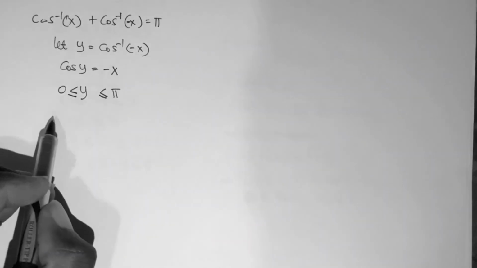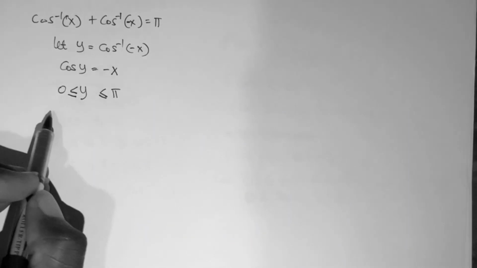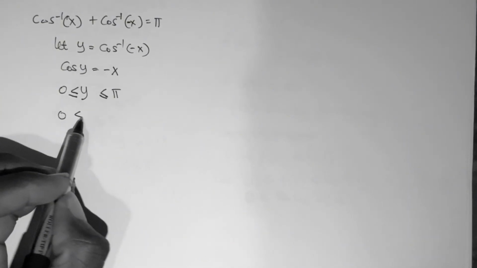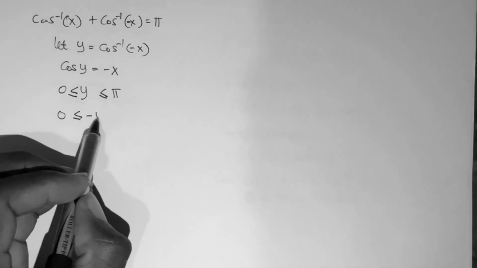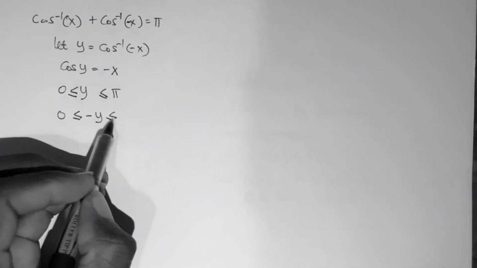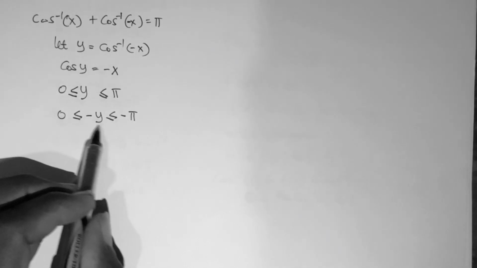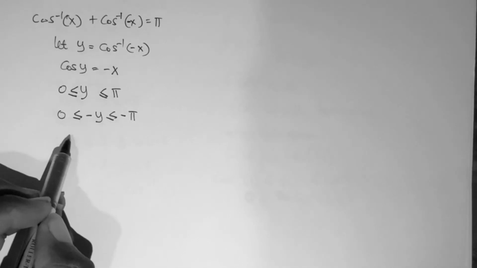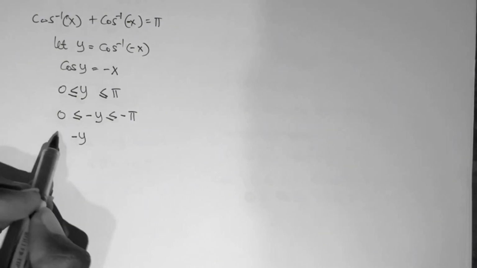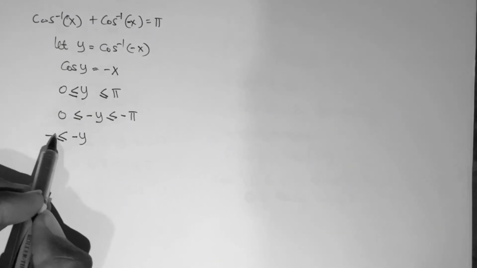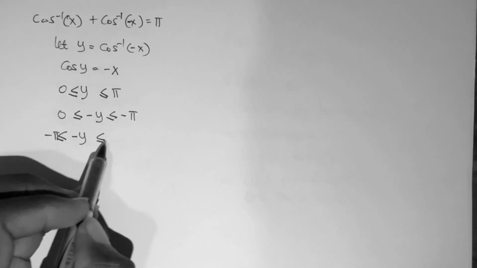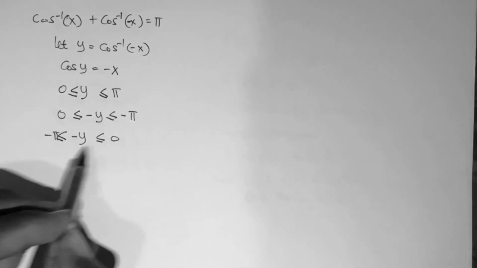Now, let's multiply through by minus 1. So 0 times minus 1 is 0. Since we multiply through by minus 1, we need to invert the signs, and therefore minus y is greater or equal to minus pi, but less than or equal to 0.